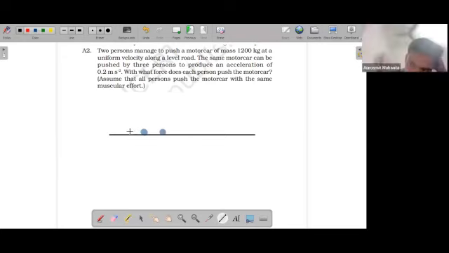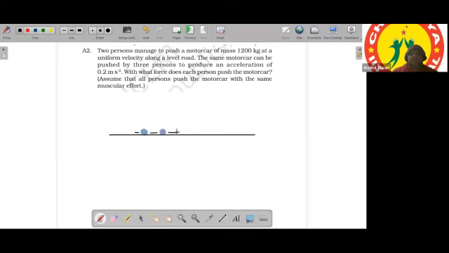Covering equal distances in equal intervals of time. But what information does it give us about the force?